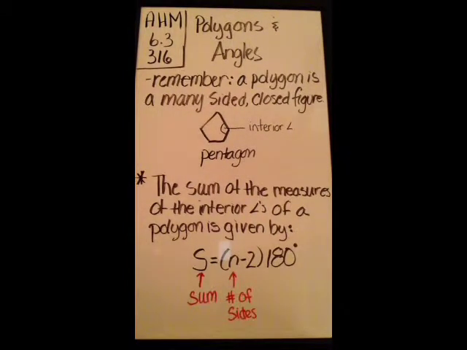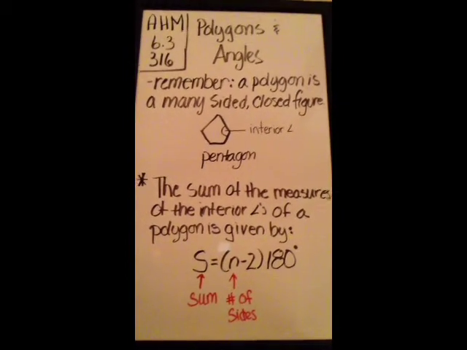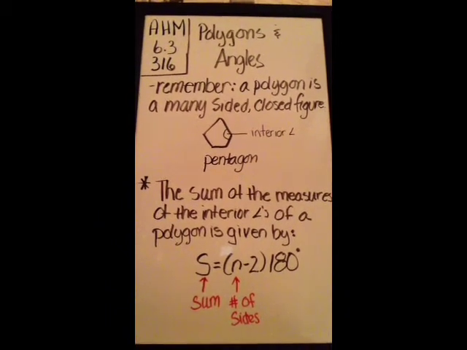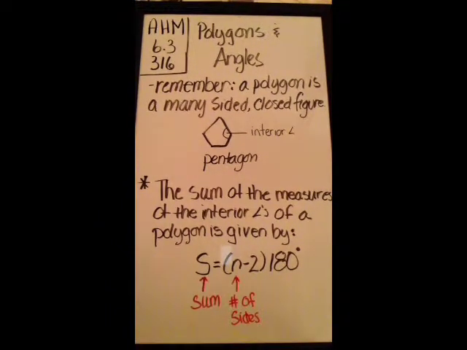All right. As I said, polygons are named for the number of sides they have. You should have a chart that names all of them. You might want to hold on to that so you're not constantly having to look up how many sides each polygon has. All right.